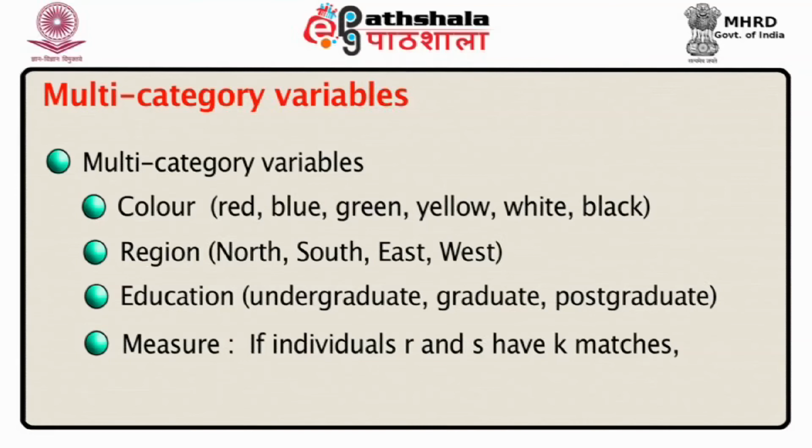So if the second person comes from the north, then he matches with the first person, otherwise he does not match. So suppose R and S have k matches among the m variables we are looking at. Then a very simple measure of similarity would be k by m. This is the only possible measure that we generally think of in terms of multi-category variables.